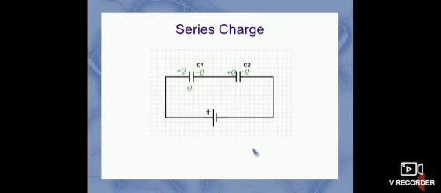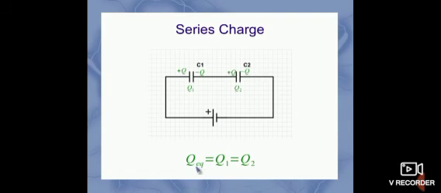Q1 is given by capacitor C1 and Q2 is given by capacitor C2. Q1 and Q2 are in series. Therefore, Q equivalent equals Q1 equals Q2.